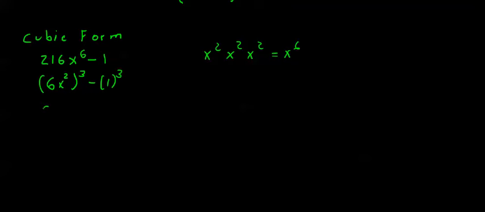And then we know that a equals 6x squared, b equals 1, and we just put it into our formula.